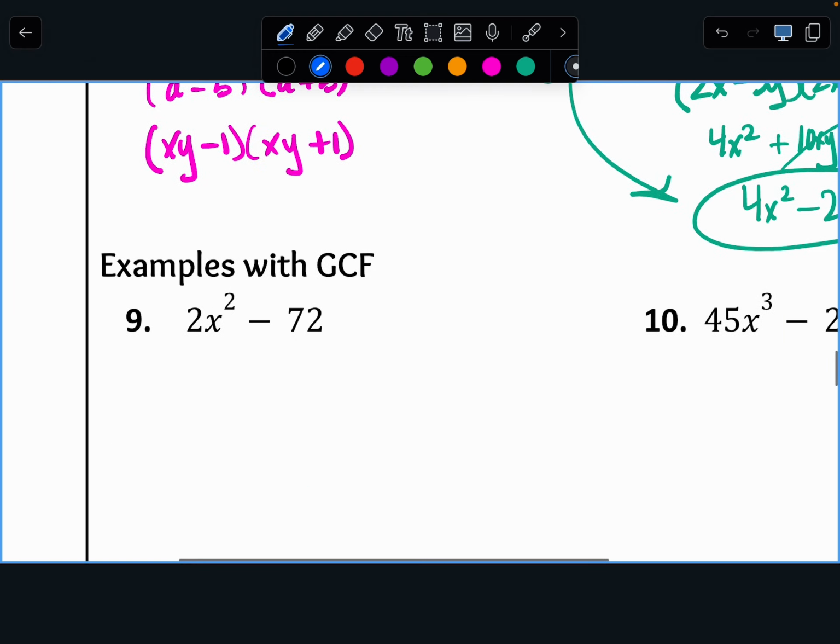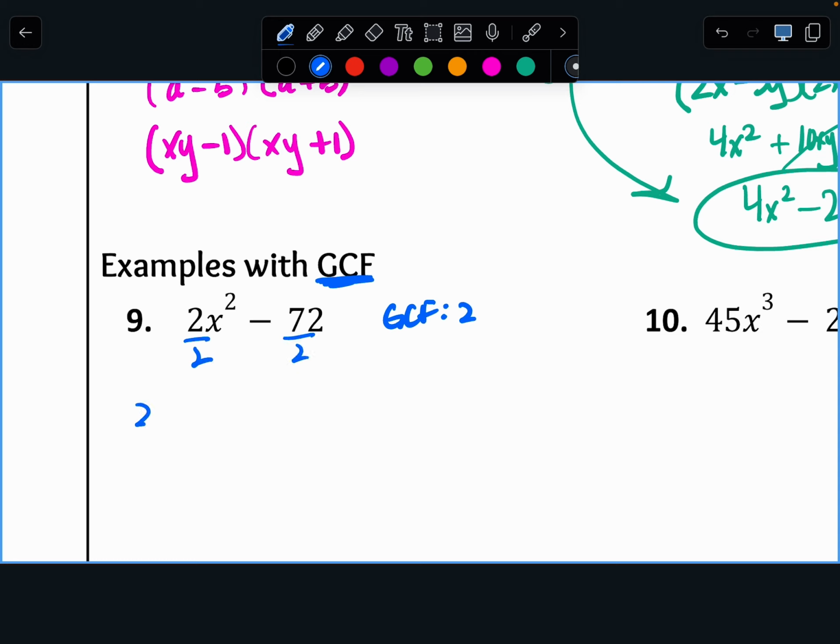All right, these have a GCF. So just because you look at it at first and you go, oh, there's nothing I can divide those by. 2 isn't a square. 72 isn't a square. But they're both even. So I can divide by 2. So when I divide by 2, I get 2 times x squared minus 36.